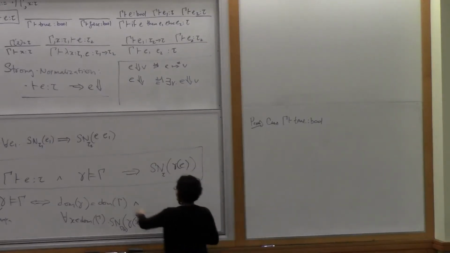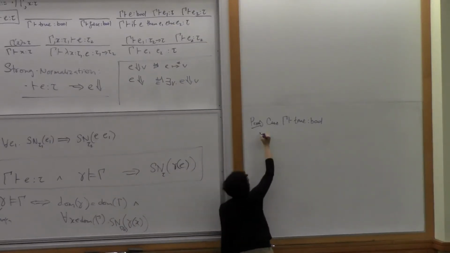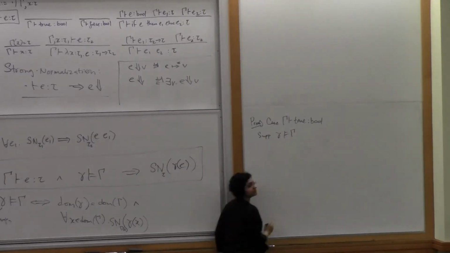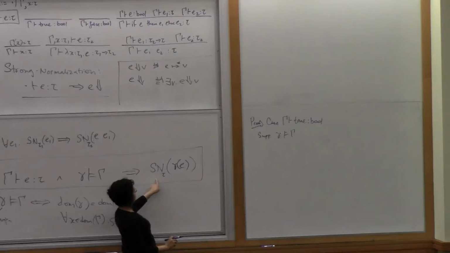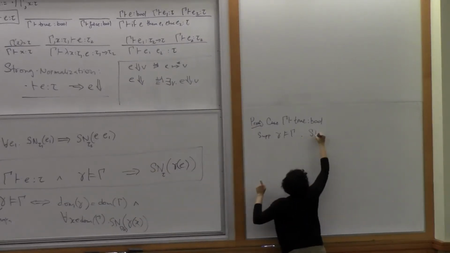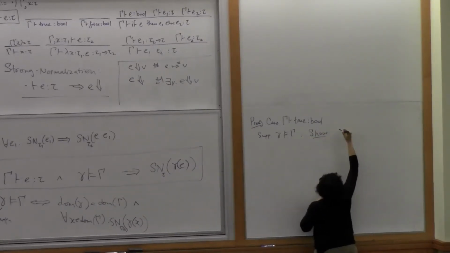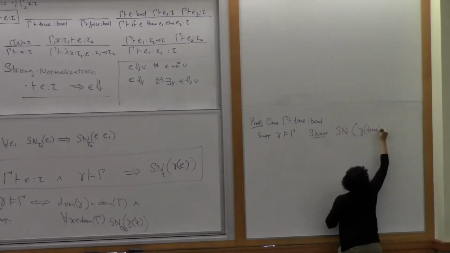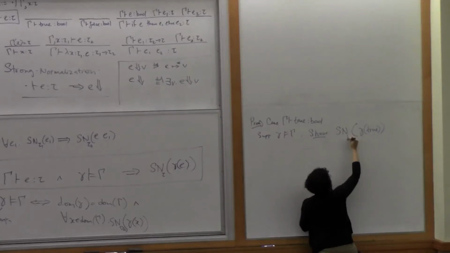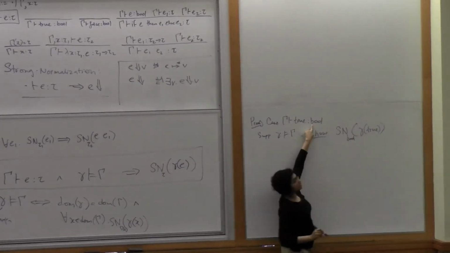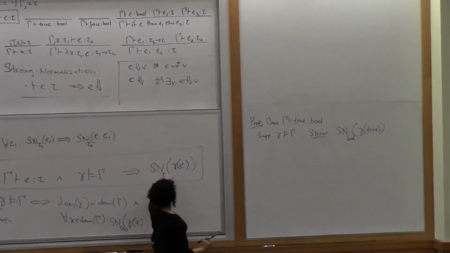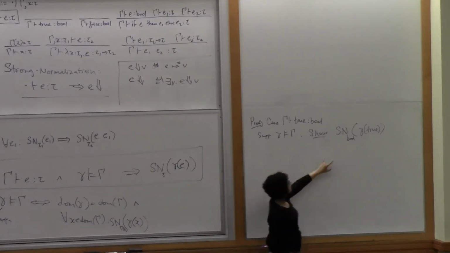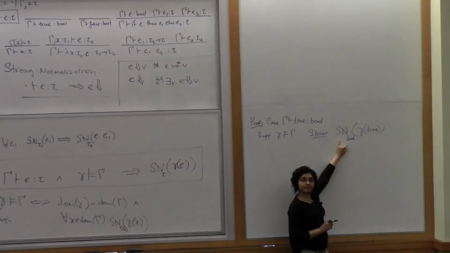Suppose we're given a gamma that satisfies big gamma in this way. We have to show that gamma applied to true is strongly normalizing at our type bool. This is what we have to prove.